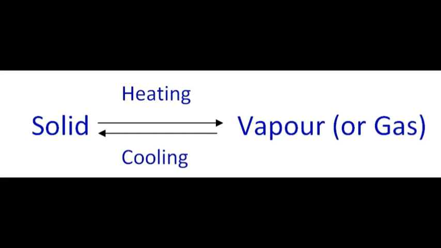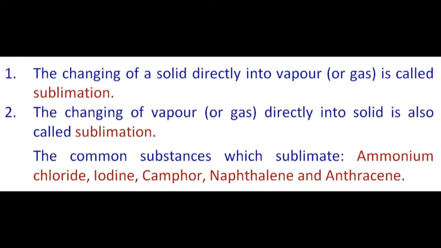This process is called sublimation. The changing of a solid directly into vapor or gas on heating is called sublimation. And the changing of vapor or gas, the reverse process, directly into solid by cooling is also called sublimation.